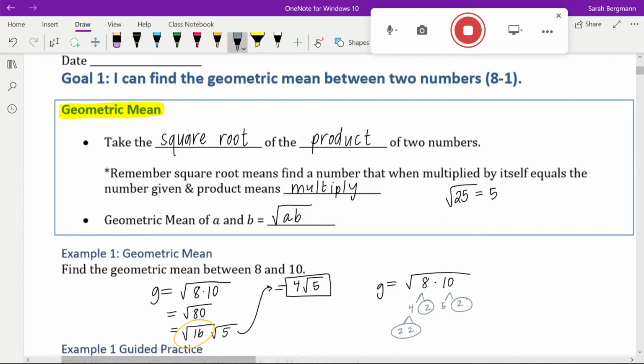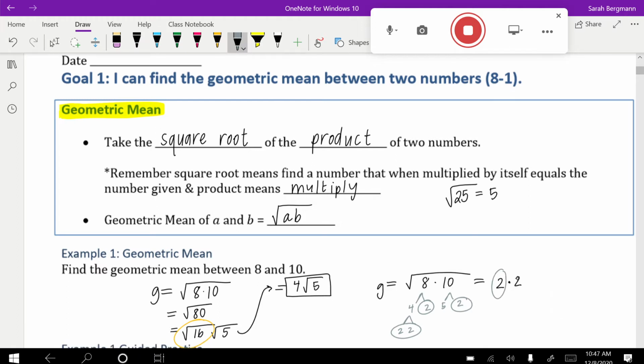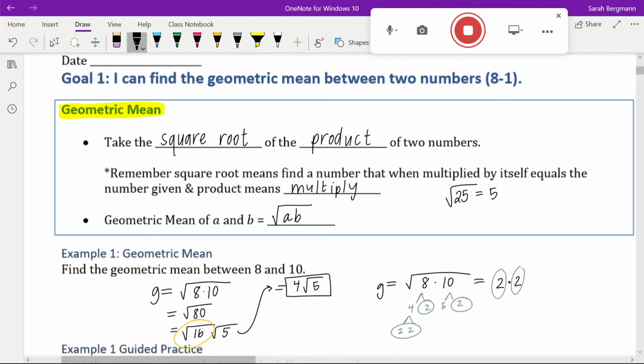What this means is that I can pull out from under the square root any number that has its factor repeated. So since 2 is repeated 2 times, I'll pull it out of the square root 2 times. Any factor that was not repeated, 5 in this case, must stay under the radical.